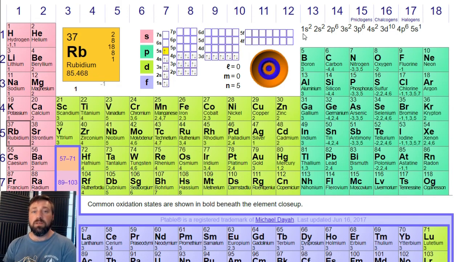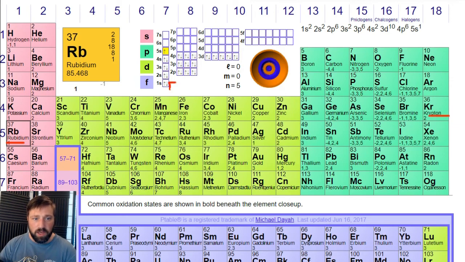What you can do is use the noble gas abbreviation, where we write out the noble gas that precedes rubidium. If you look, that would be krypton.